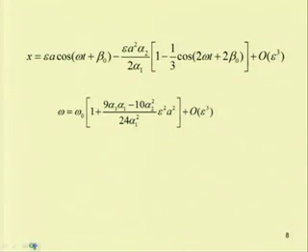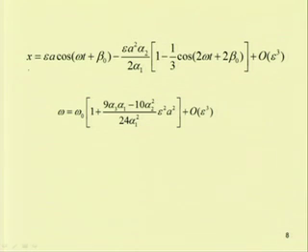So, one can find finally the solution in this form: x equal to epsilon a cos omega 0 t plus beta 0 minus epsilon a square alpha 2 by 2 alpha 1 into 1 minus 1/3 cos 2 omega t plus 2 beta 0, and these are the higher order terms. So, neglecting these higher order terms, the solution can be written in this form, where omega equal to omega 0 into 1 plus 9 alpha 3 alpha 1 minus 10 alpha 2 square by 24 alpha 1 square epsilon square a square.